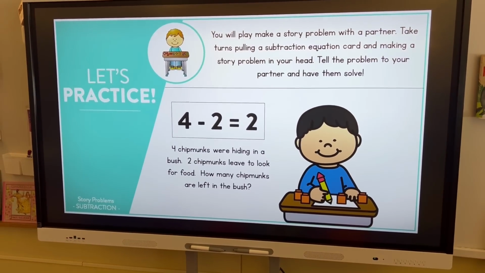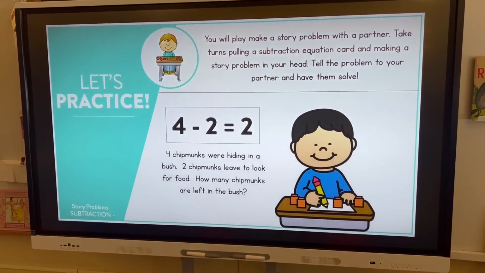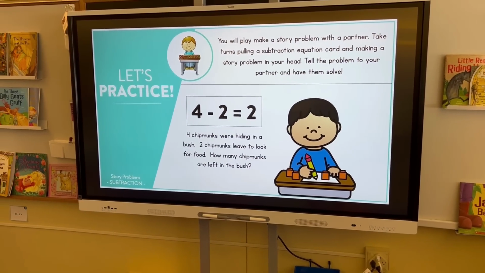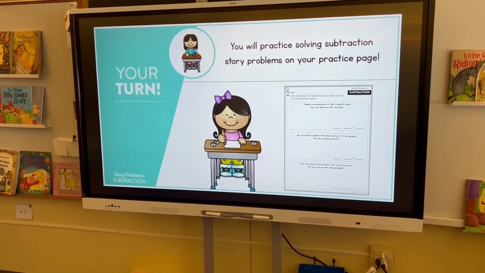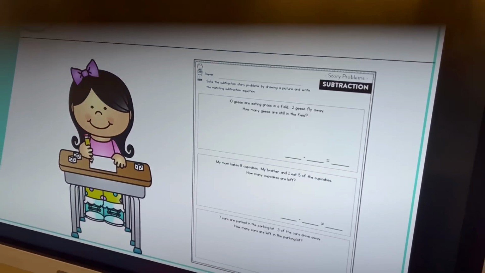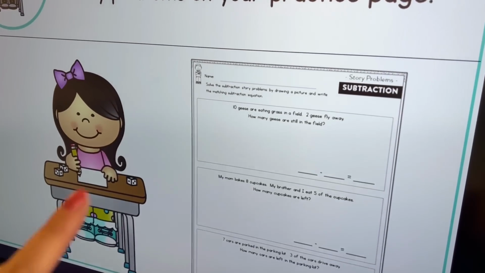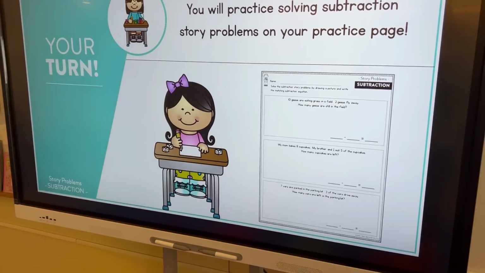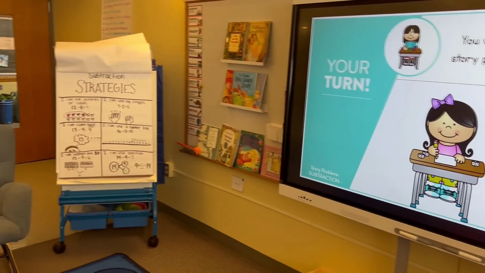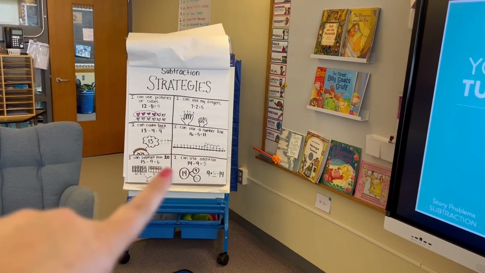We did this before when we were doing story problems within 10, and it was just a really fun way for them to show what they're learning, come up with a story problem that works, and then present it to the class. And then at the end, we definitely won't get to this part because the story problem takes a long time for them to create. But here we just have an independent sheet that I will have students do probably on Tuesday. And again, when they're doing this, they can come up with whatever strategy they want to be able to solve.